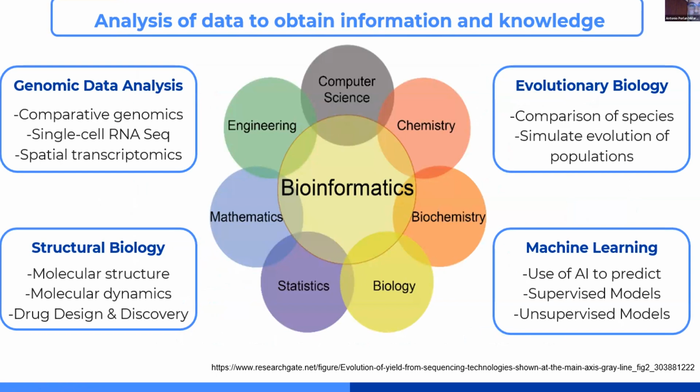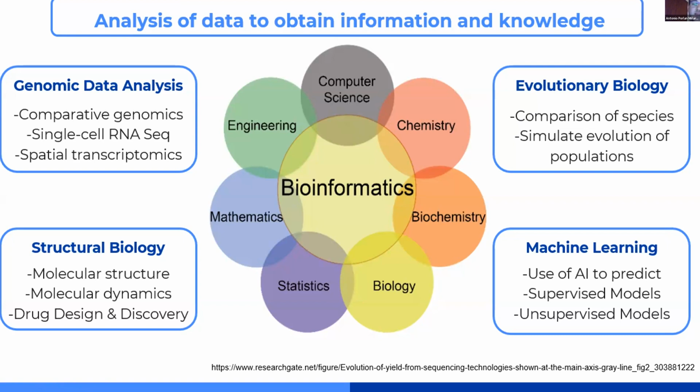There are also a lot of branches in bioinformatics, and here I'm going to show you just some of them. One could be genomic data analysis, for instance, comparative genomics between species, so as to compare the genome, the transcriptome, or even the proteins among species. Also, single cell RNA sequencing and analysis, and spatial transcriptomics.